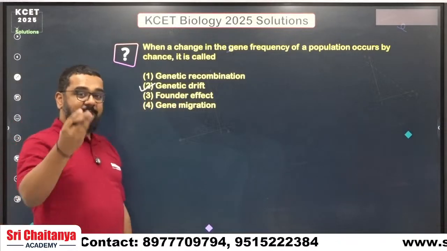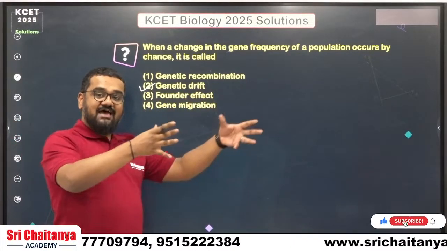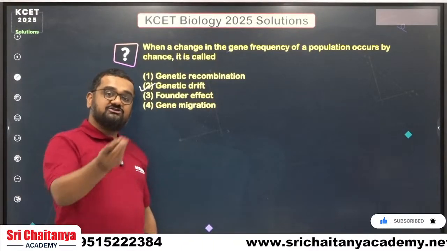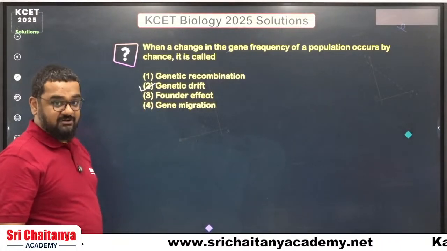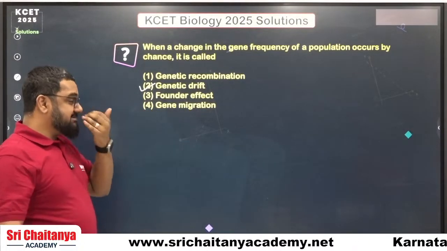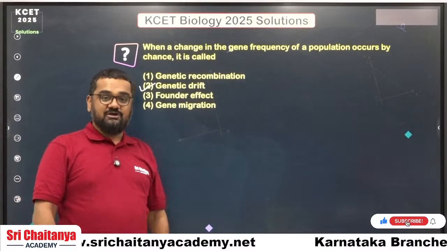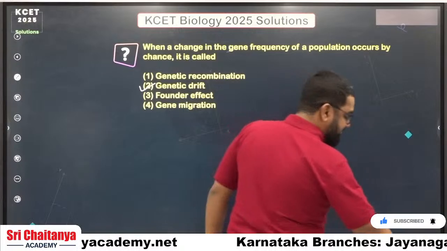Founder effect is when some part of the population will move out, and in the new population the allelic frequency is completely different. So in that population, the original people who moved there, this is basically called the founder's effect. Gene migration can be addition of alleles or deletion of alleles from a certain population due to immigration or emigration, and can be called gene migration.